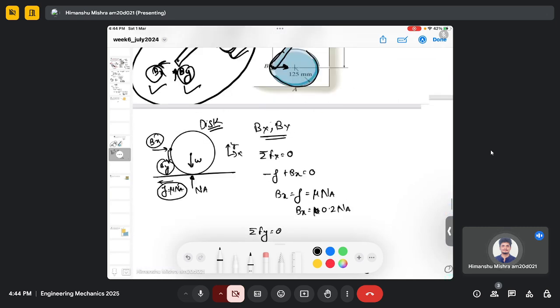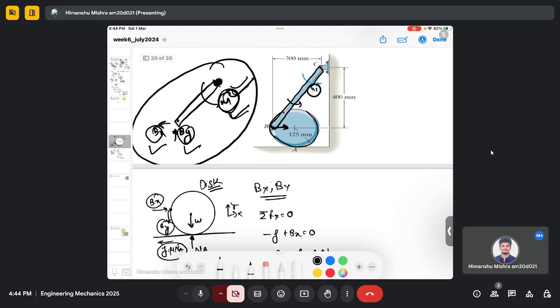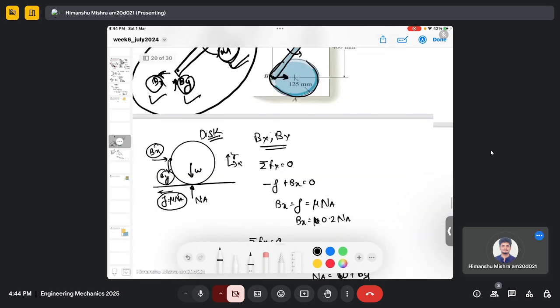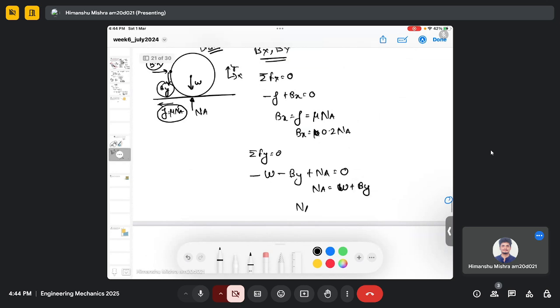W here is 45 multiplied by 9.81, plus By. So this is my equation 1 and this is equation 2.